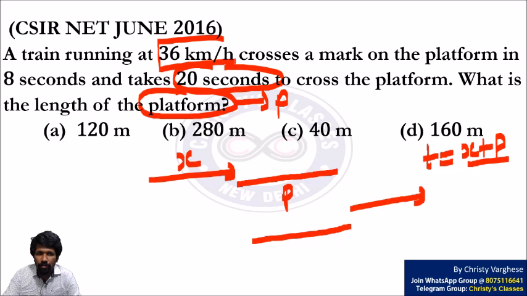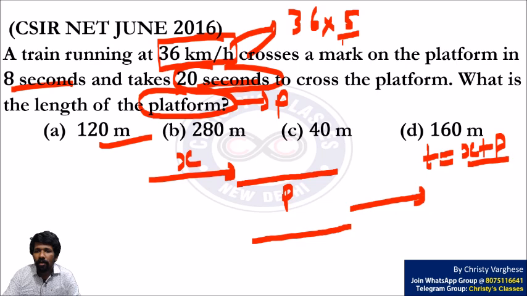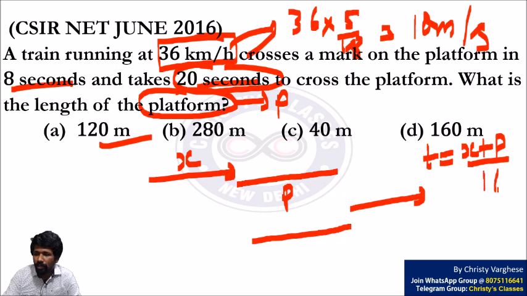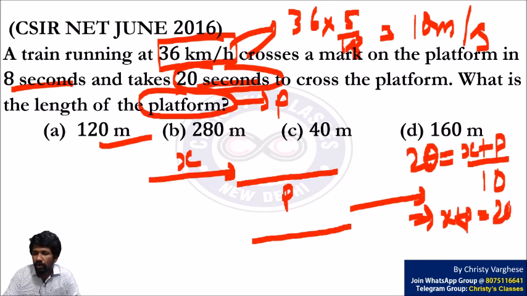But one thing you should remember, this is in kilometer per hour, this is in seconds, answers are in meter. So first we will convert 36 km per hour into meter per second by multiplying by 5 by 18. That means 10 meter per second. Now you can directly substitute 10 here. And we know the time is 20 seconds, so t is equal to 20 you can substitute. While simplifying you will get x plus p equal to 200.